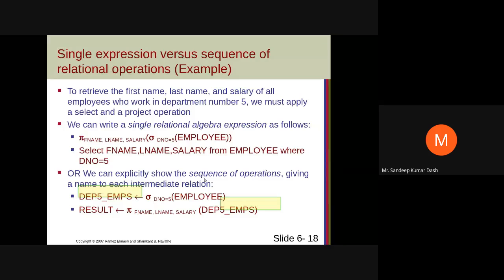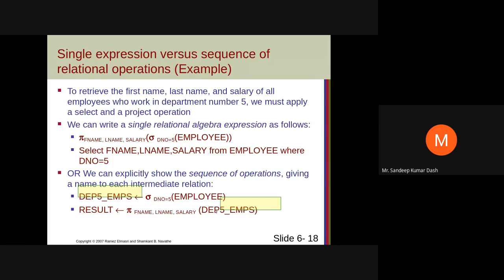Yeah, in this case, the thing which you wrote here can be expressed in terms of informal language. You can express it in terms of multiple operations. First operation is selecting the rows, which you can term as the result. You can term it as department 5 underscore employee. This is a temporary or intermediate name given to the temporary result, that is the 4 rows where department number equals 5.